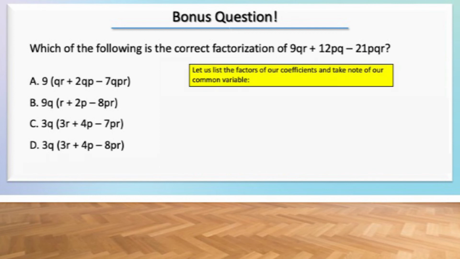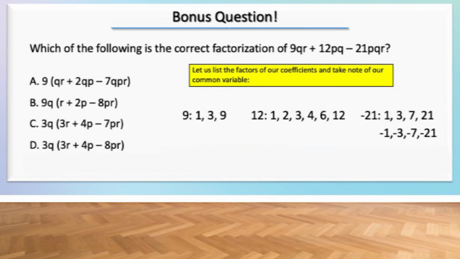Do you know how to get to the answer? Awesome! We need to identify any common variable and find the highest common factor. What is the highest common factor and why? Here we will list the factors of our coefficients.